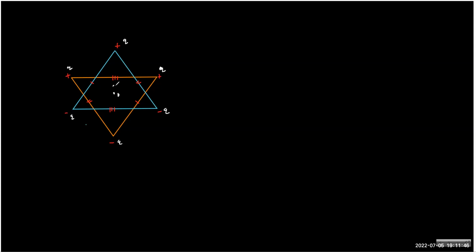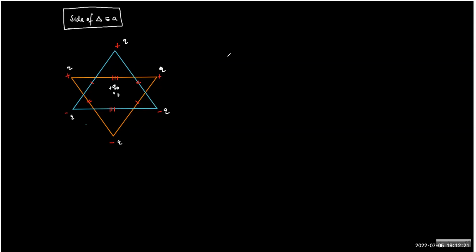And there is a charge called Q naught, which is at the centroid. So the question part is clear, what we have and what we don't have. The side of the triangle is A. So you can take the side length as A.